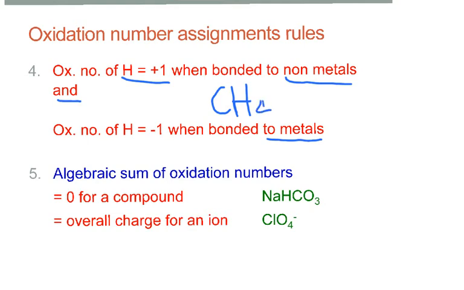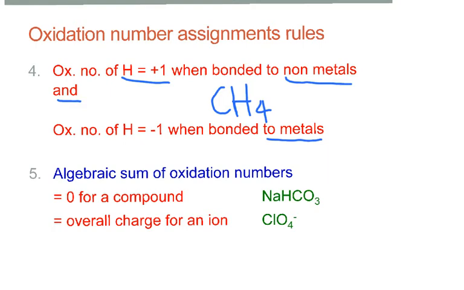Methane is a nonmetal, right? Carbon is a nonmetal, hydrogen is a nonmetal. So if we were to figure out the oxidation number of hydrogen in methane, it would be +1, okay?